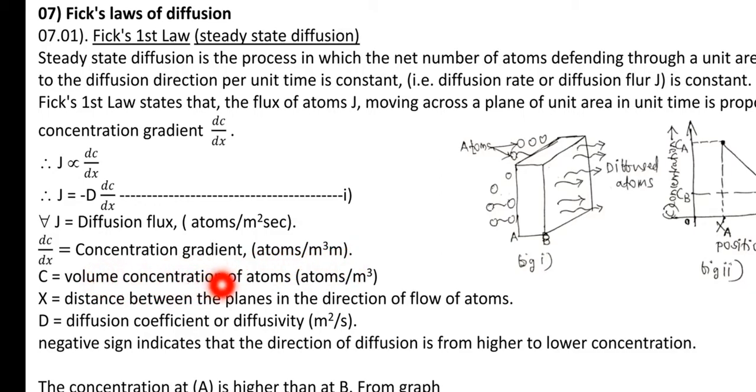C means volume concentration of atoms, atoms per meter cube. x means distance between the planes in the direction of flow of the atoms, and capital D is a constant known as the diffusion coefficient or diffusivity.